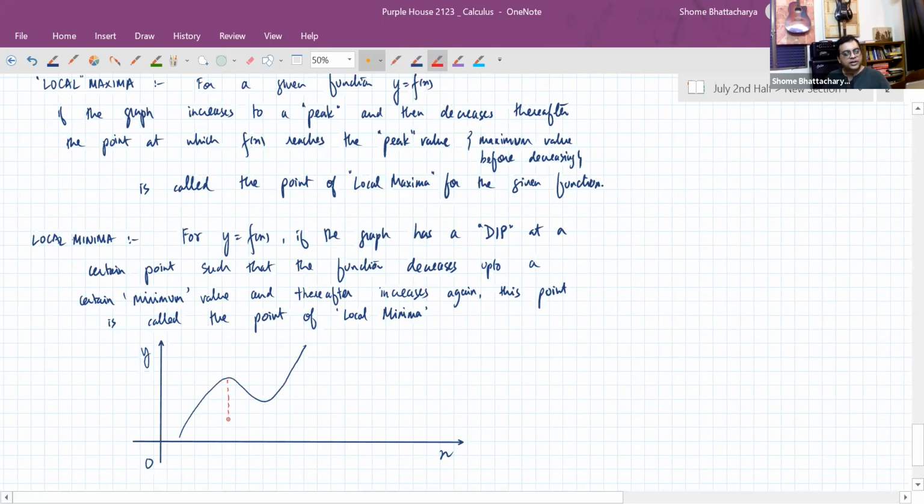So if this point is A on the x-axis and this point is B on the x-axis, and this curve is the graph of the function f(x), you can see over here that f(x) increases up to the point x equal to A and then decreases after that.